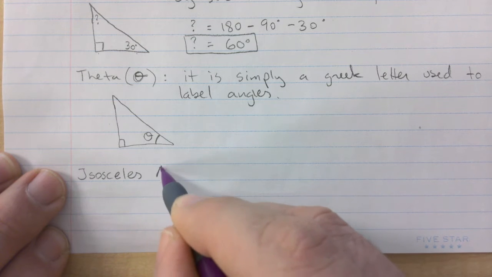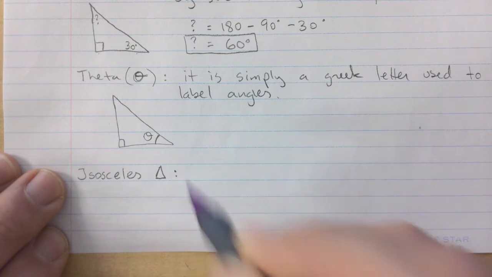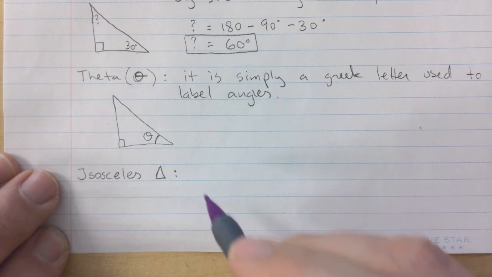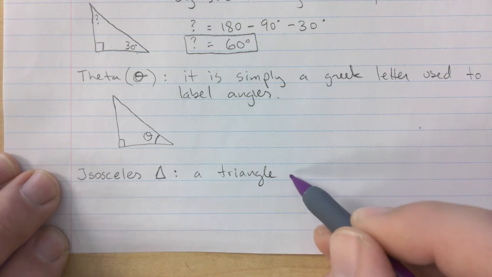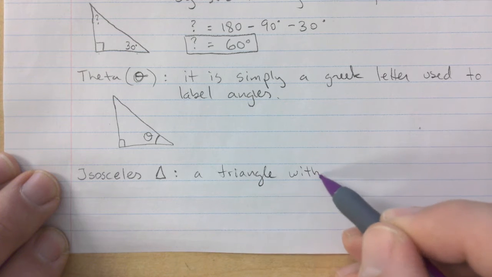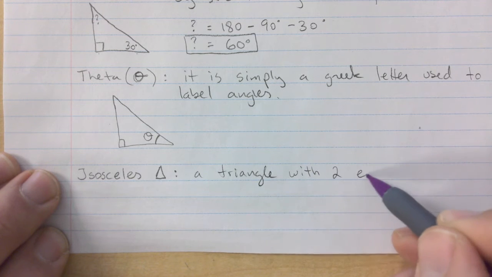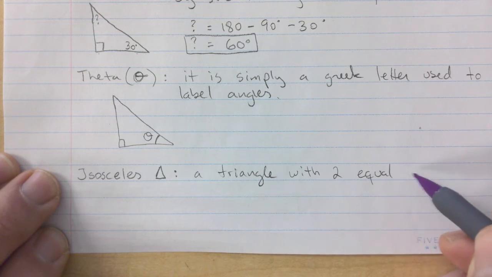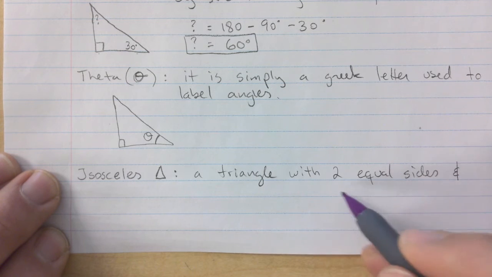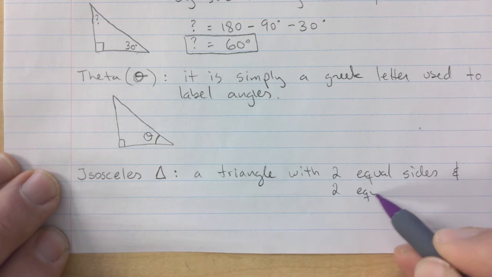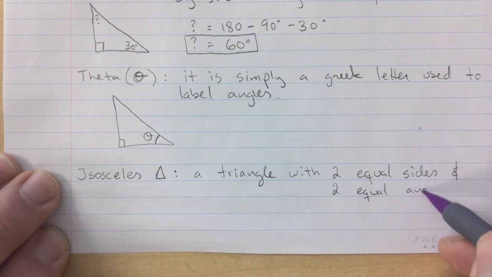Isosceles triangle: a triangle with two equal sides and two equal angles.